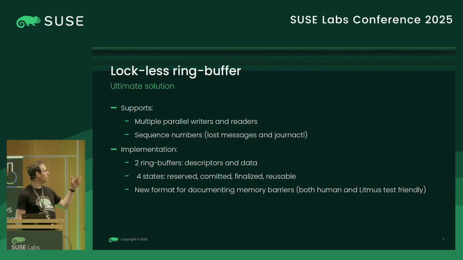Actually, this probably would be possible to add to the ftrace buffer. But anyway, we use the sequence numbers as part of the lockless algorithm for reserving the location and for synchronization of the lockless ring buffers. So we actually use this as an advantage for the implementation.